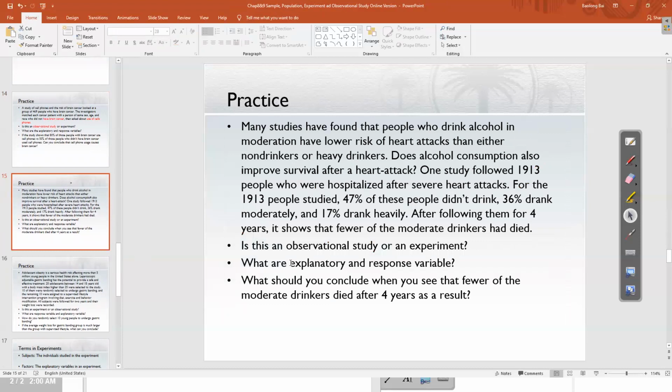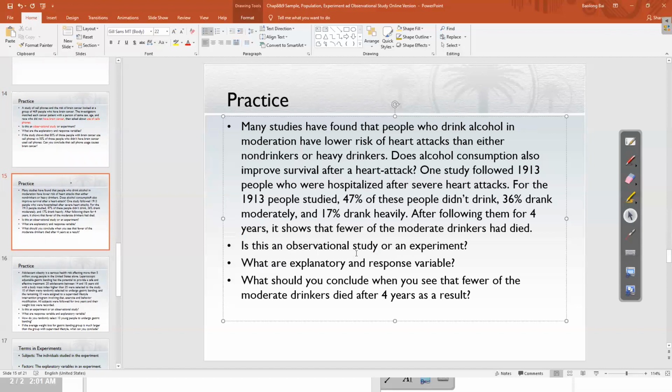So then we have a few different examples just for you to be able to identify observational study and experiment, and also be able to find explanatory variable and response variable and stuff like that. So for example, here's another one. Many studies have found people who drink alcohol in moderation have lower risk of heart attacks than either non-drinkers or heavy drinkers.